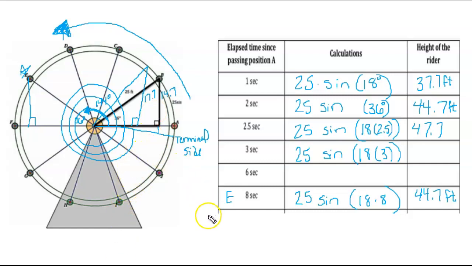It even allows us with our functions to do negatives. If you're talking about positive and negative angles, in the function sense, what we're talking about is positive angles are always going counterclockwise, just like our Ferris wheel. So if we are traveling counterclockwise, we would give a positive angle.